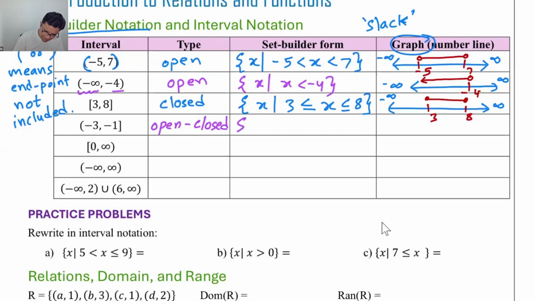And go ahead and write the set builder notation and check with me. So it is strict on the left, slack on the right.